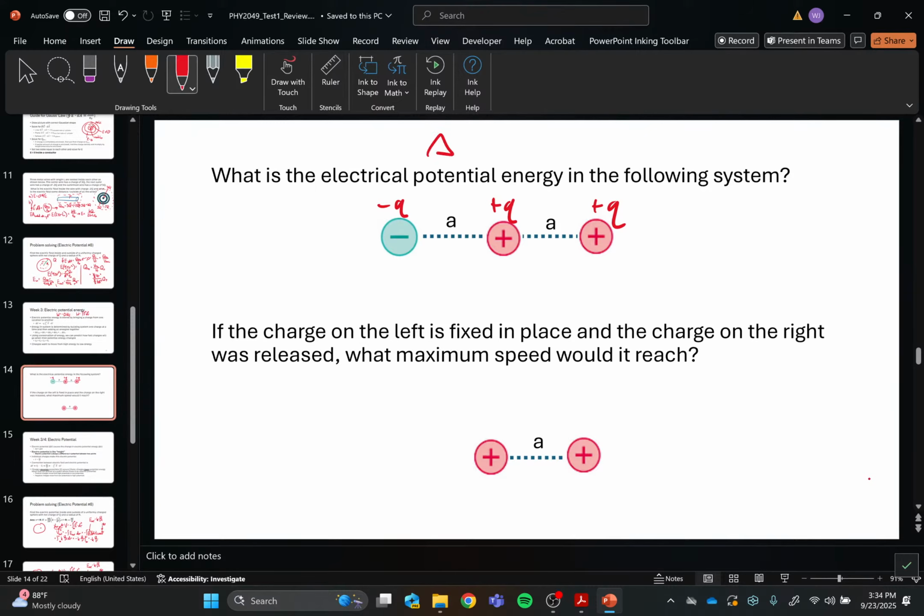All right, I'm going to give you all a hint. The change in energy is Q times the voltage. And the charges start infinitely far away where my voltage is 0, and then they move to where they're located where the voltage is no longer 0.